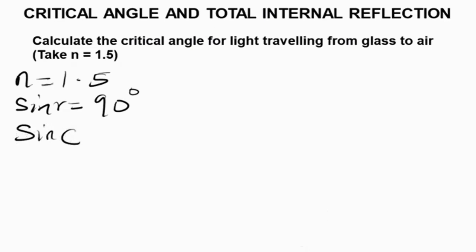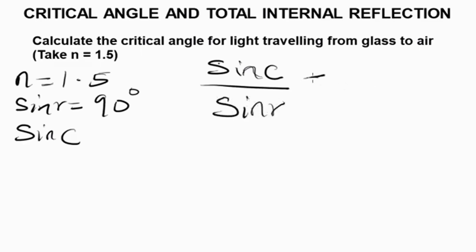So we are going to apply this formula: sine C over sine R equals 1 over n. We are using 1 over n because the light is traveling from glass to air, that is from a denser medium to a less dense medium. Having done this, let's substitute the values.